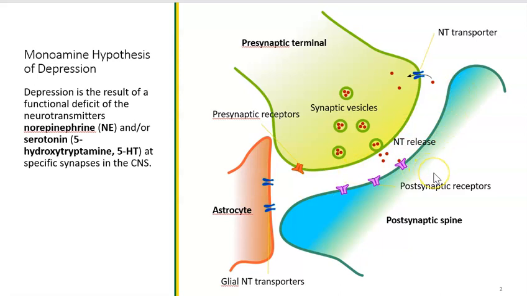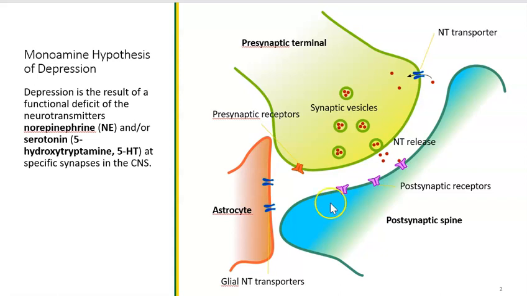The neurotransmitters will stimulate postsynaptic receptors, which are the purple things, which are either ionotropic, which means they depolarize the postsynaptic membrane by a sodium influx, or hyperpolarize by chloride influx, or they'll be metabotropic, which triggers downstream signal transduction cascades.